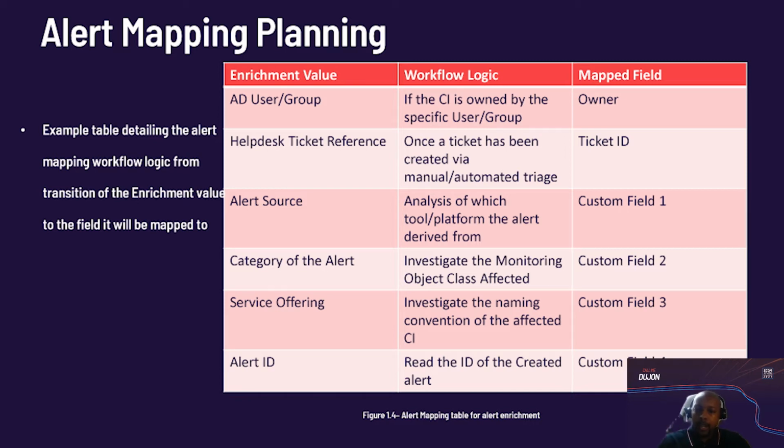So then in the next field, we have the custom field one. So here, for example, we have the alert source. Now, the alert source, how I defined it is we may actually have more than one monitoring solution. We may not only just have SCOM. We may have things such as SolarWinds.